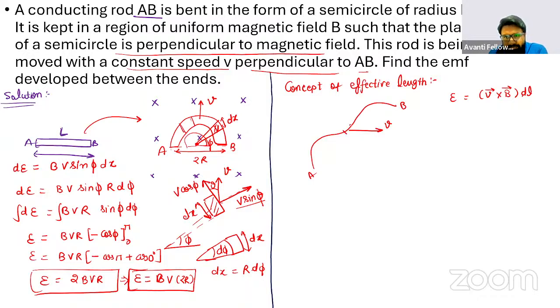Now, if I consider a very small element dl here, ठीक है, at each and every section, कहीं पे भी मैं consider करूँ अगर dl. So what I find out, if I resolve this particular velocity, so only this component, which is V perpendicular, this V perpendicular is only responsible for the motional EMF.